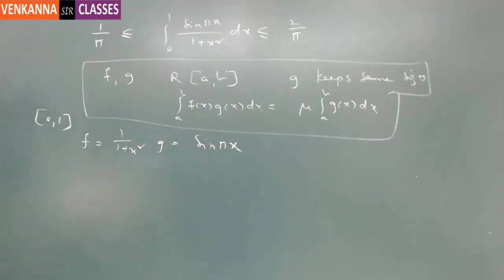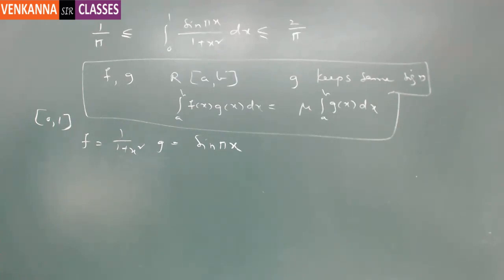Now if you look at the statement, f and g both must be Riemann integrable. So how do we say that the two functions are Riemann integrable on the given interval? If they are not Riemann integrable, you cannot make use of this statement. So we say that the function f is monotone. It is a monotonically decreasing function, isn't it?